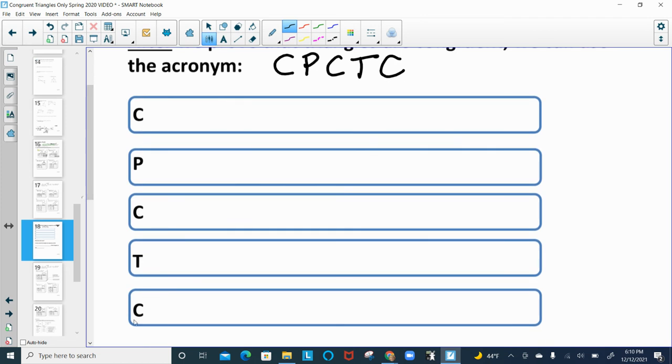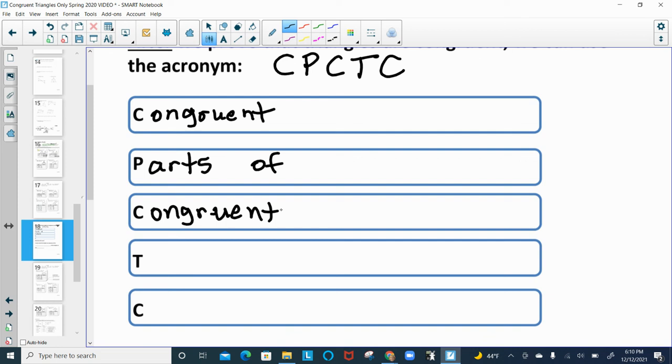I'm sure you know what C stands for. So what it means is congruent parts of, notice they don't use an O, congruent triangles are congruent. That's a lot of congruence floating around there.